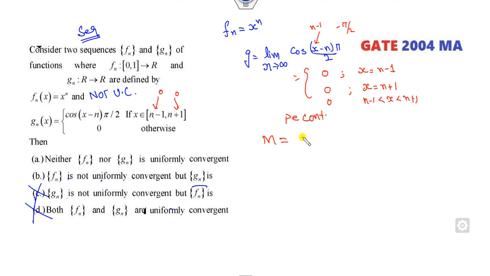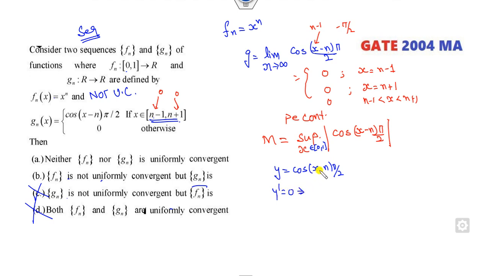Then you can define the M, the supremum of all those x such that cos of x minus n times pi by 2. Fine. Now you can check what is the max value of this over this domain. Domain is 0, 1. Fine. So I can simply take y as cos of x minus n pi by 2, and set y dash to 0.